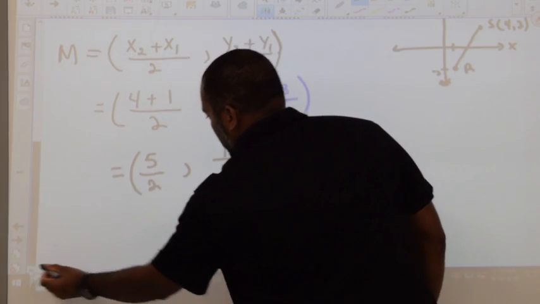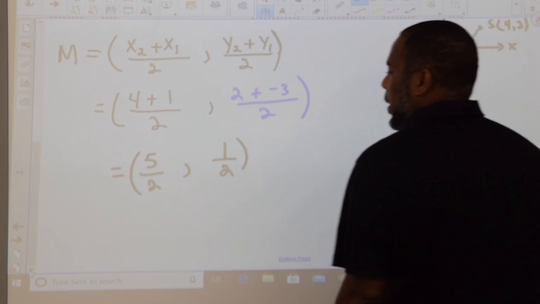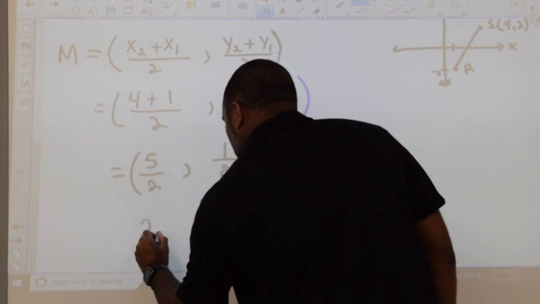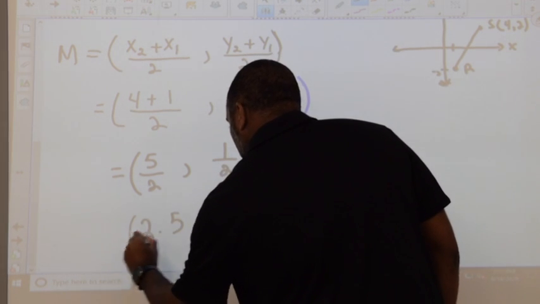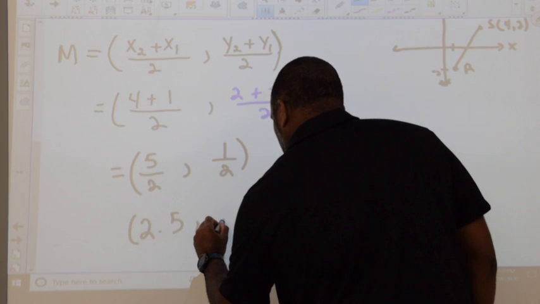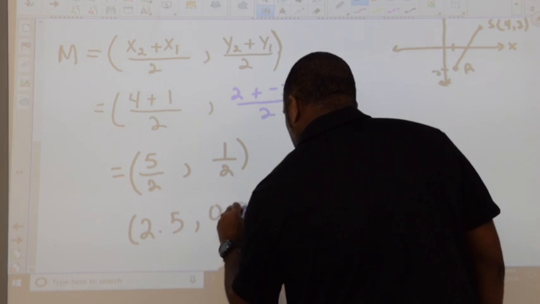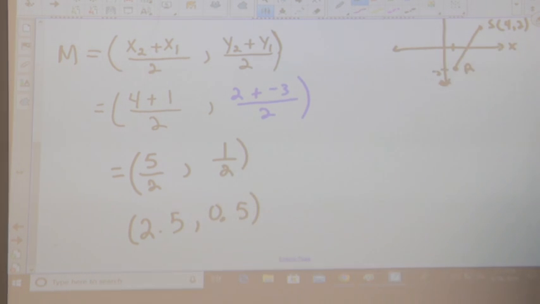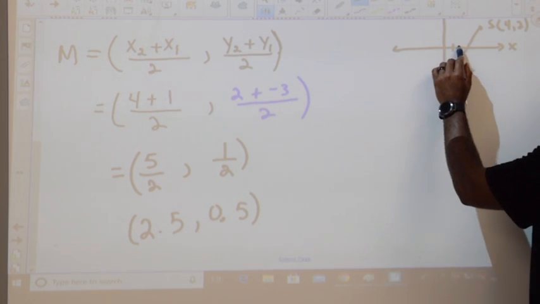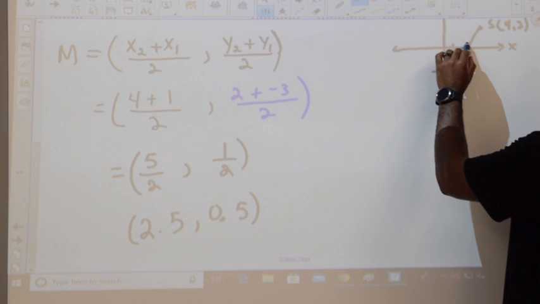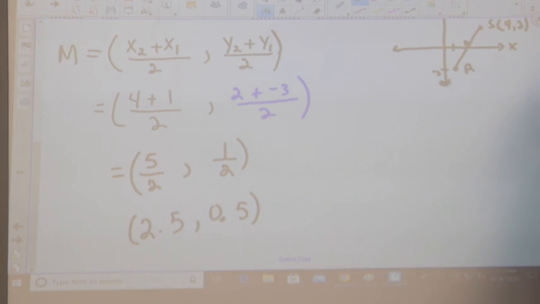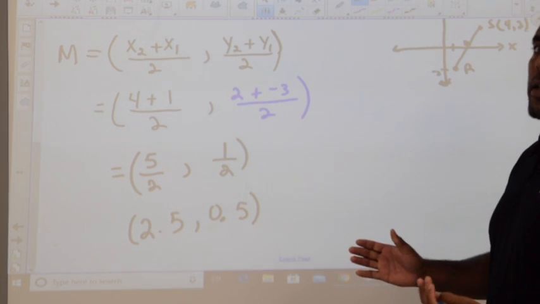And once I was able to reduce this, 5 divided by 2 is 2.5, comma, 0.5. If I think about where that is on my piece here, it's 2.5, right there. That's how you find the midpoint.